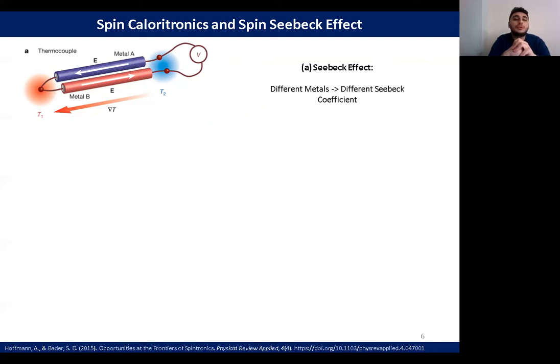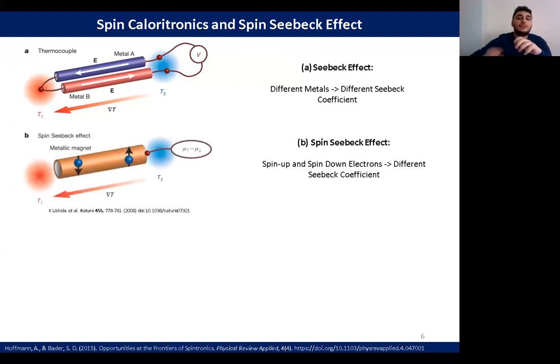Before moving on to the spin-Seebeck effect, I would like to briefly talk about the Seebeck effect so that its relations can be understood more clearly. Temperature differences between metals with different Seebeck coefficients produce a voltage proportional to their differences.